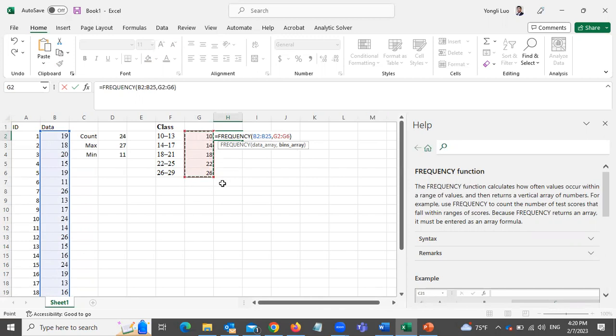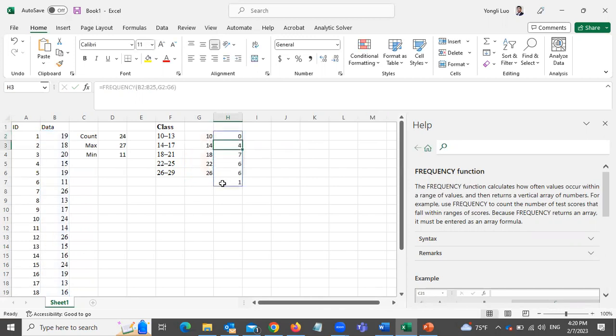When we do that, it gives you all those numbers. You can see the first one is 0, which is not correct. So if you use FREQUENCY, remember you need to leave the first one blank. Otherwise, it's going to come out as 0 on the first one.